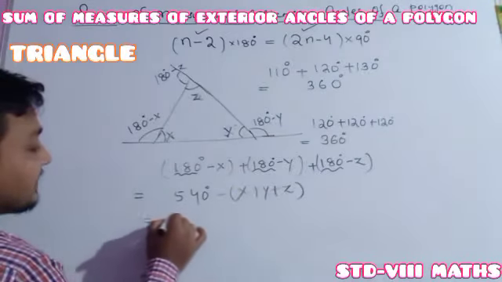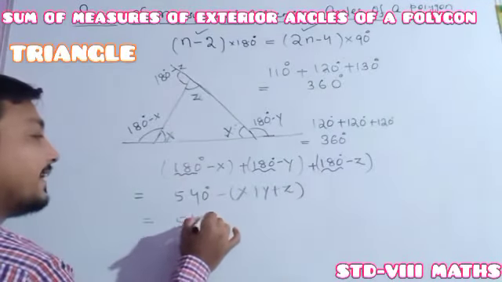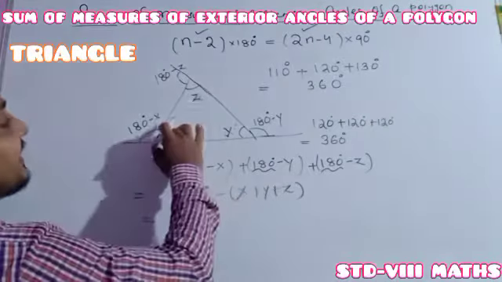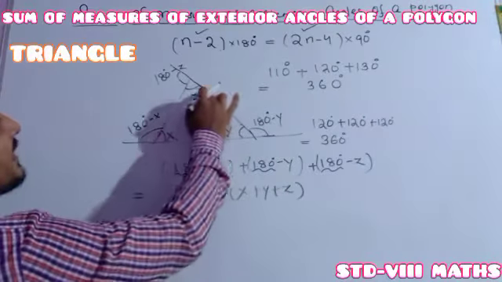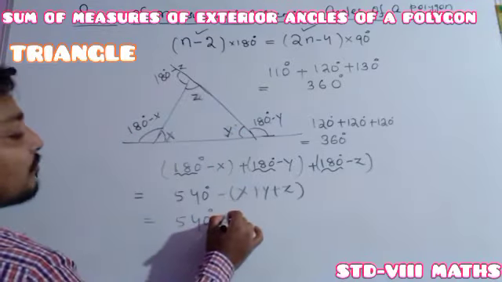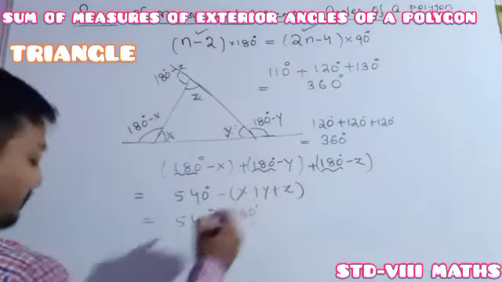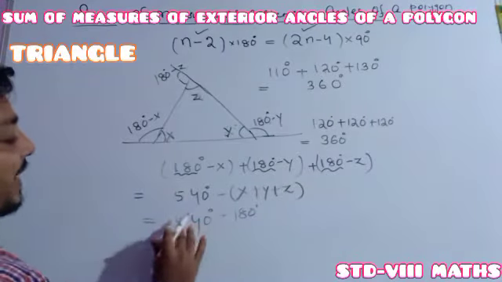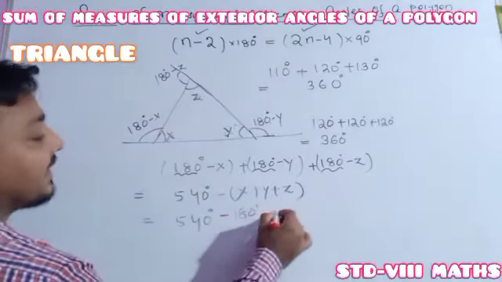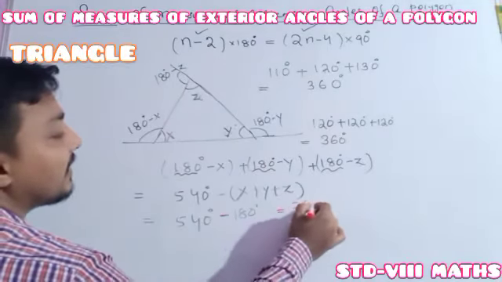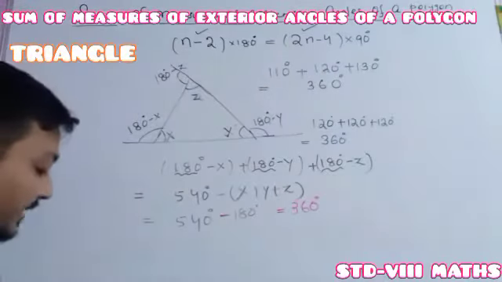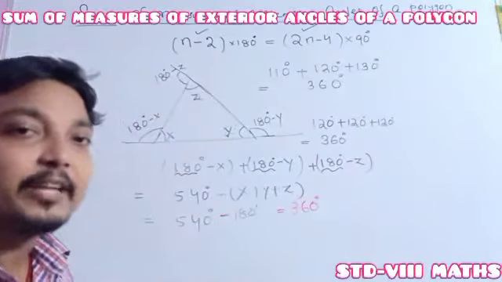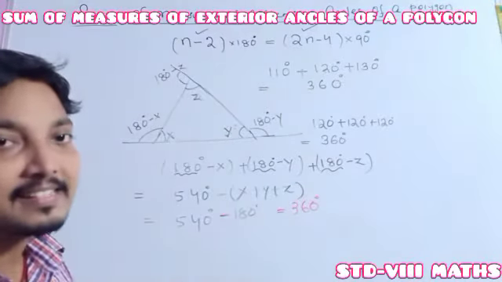The sum of the interior angles of the triangle is 180 degrees. So 540 minus 180 is 360 degrees. So for a triangle, the sum of the exterior angles is always 360 degrees.